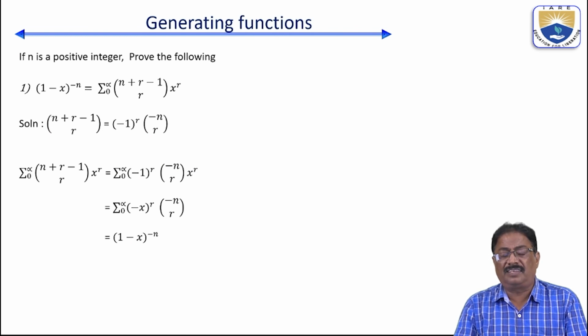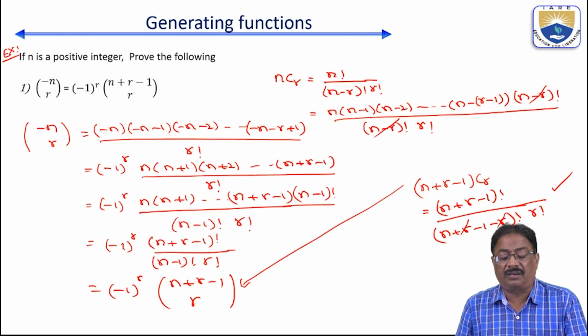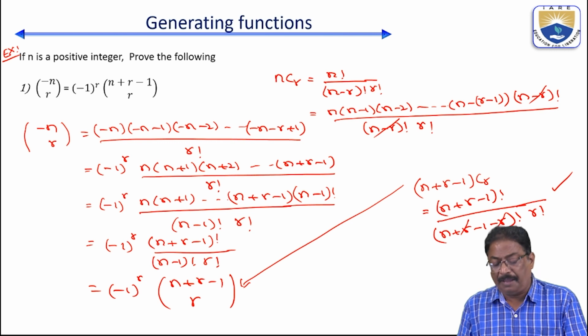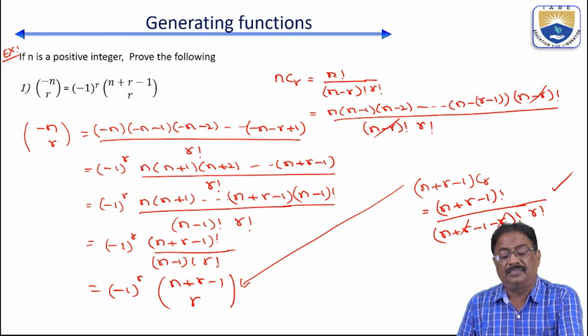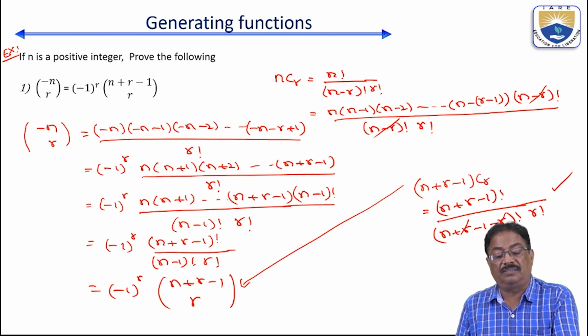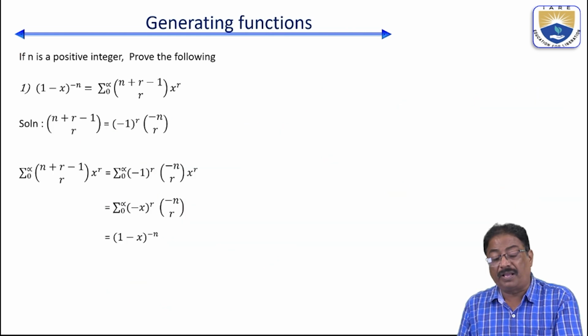Now let us take the same thing we got earlier. I am just multiplying by minus 1 to the power of r on both sides. So this is minus 1 to the power of r times minus nCr, and minus 1 to the power of 2r will become 1.